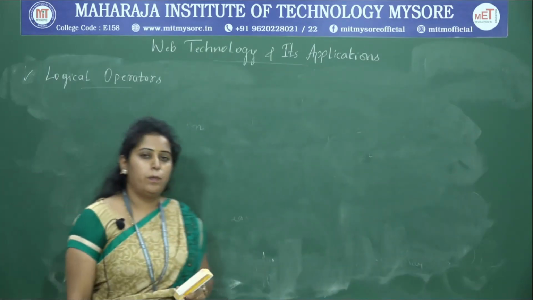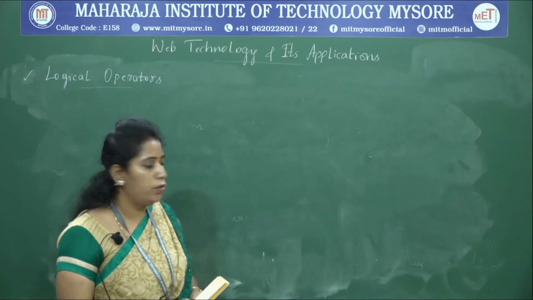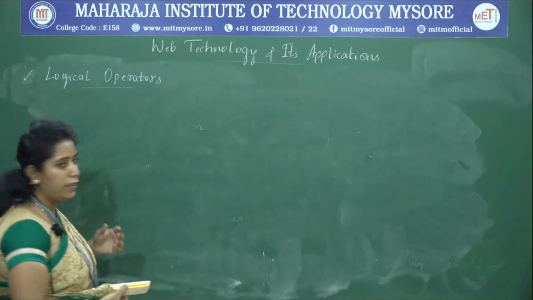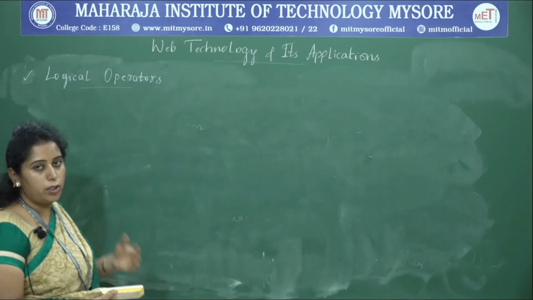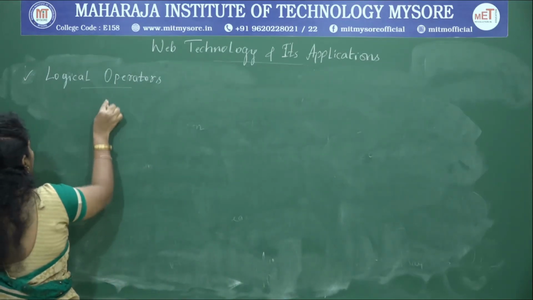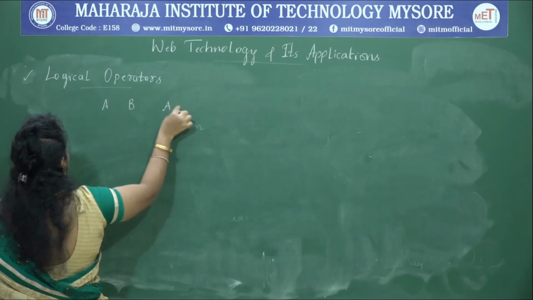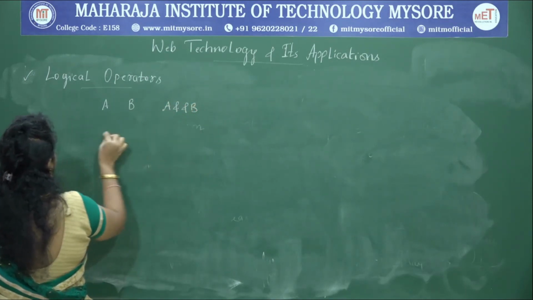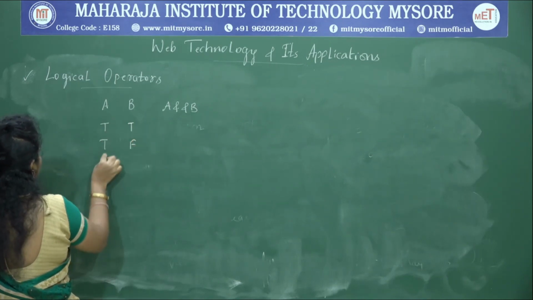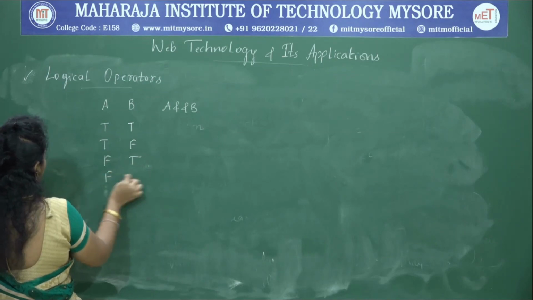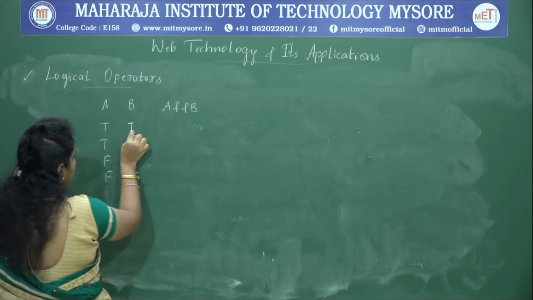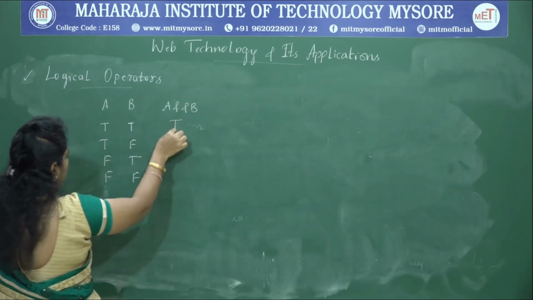Next is logical operators. Logical operators are used to combine two relational expressions. Here we have three types of logical operators, that is logical and, logical or and logical not. First one I am going to take is logical and. True, true; true, false; false, true; false, false. Whenever both the operands result in true, the result will be true.